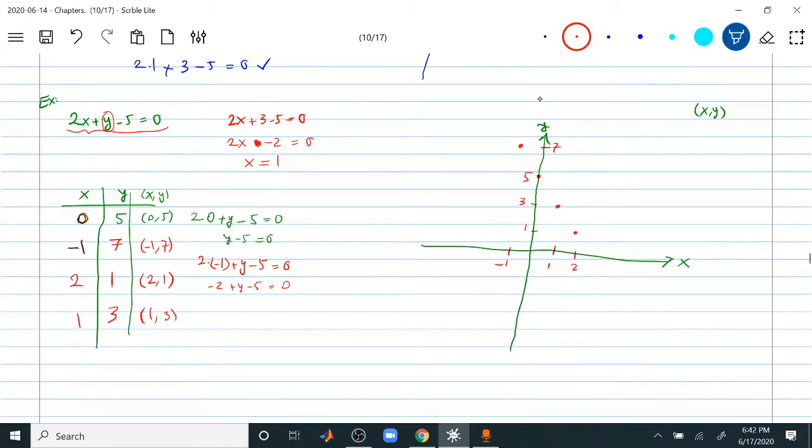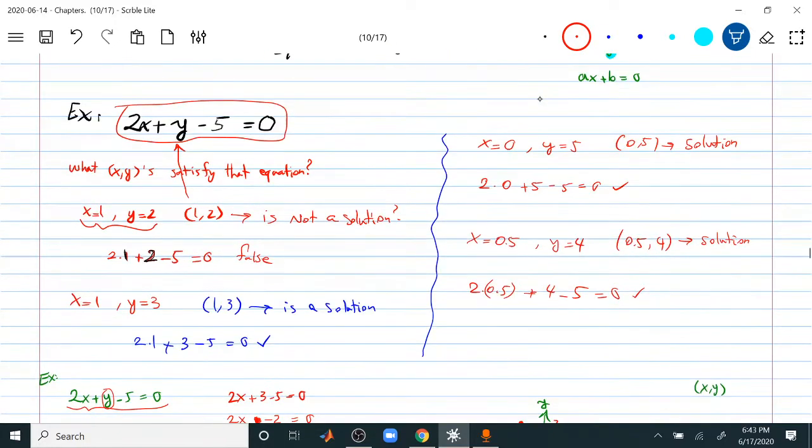You pick one of the variables and figure out what the other one is. You can continue by picking more points, and you will see this trend. All the points in between still satisfy that equation. If you remember, I picked 0.5 earlier. We go up a bit. We tried 0.5 here, and what we got for y was 4.